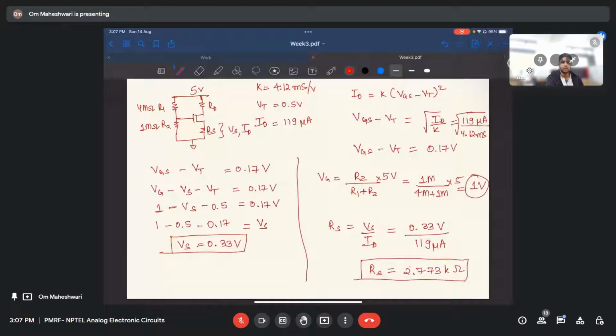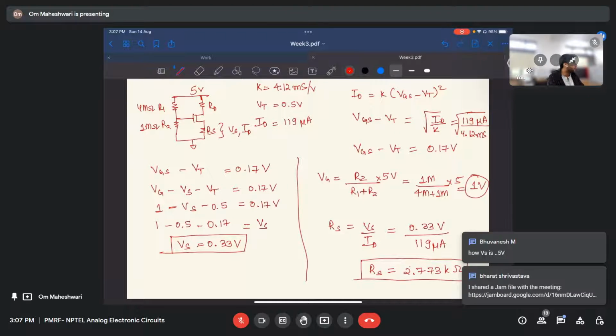Okay, so any doubts in this question? Please feel free to open your mic and tell, or you can write in the chat. How is VS 0.5? Bhuvnesh, VS is not 0.5.